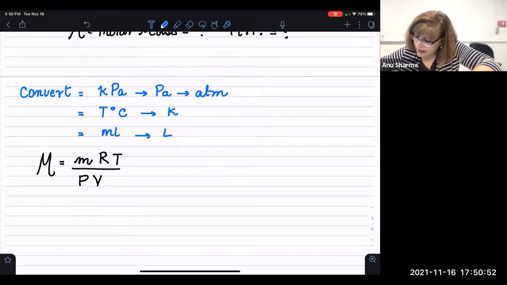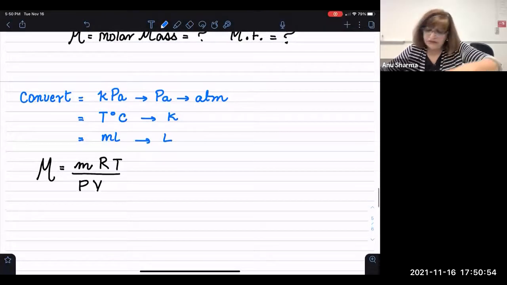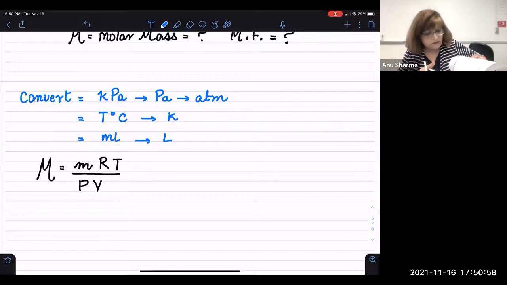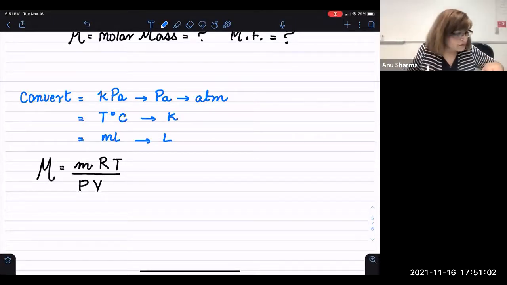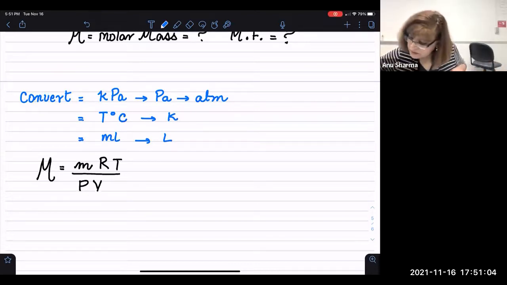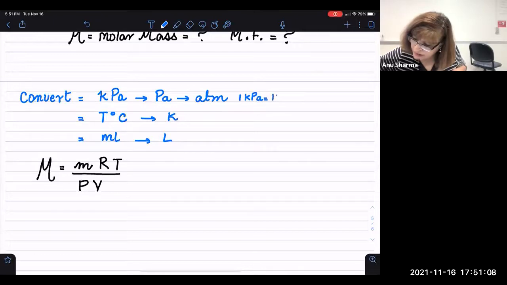Now, we are given the relationship of the atmosphere and pascals. So 1 kilopascal is equal to 1000 pascals. So that is the first conversion.